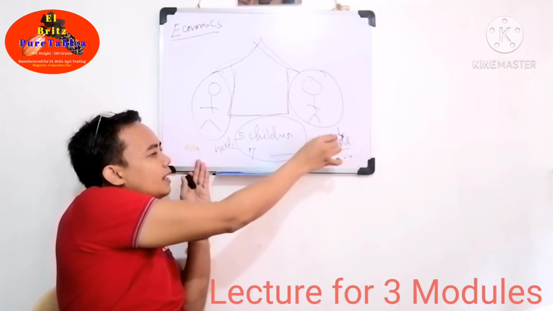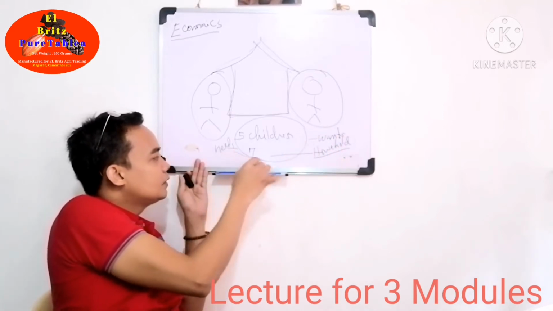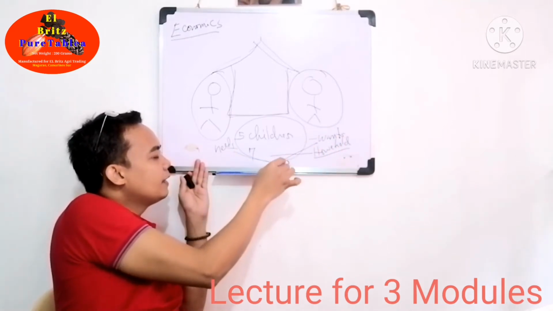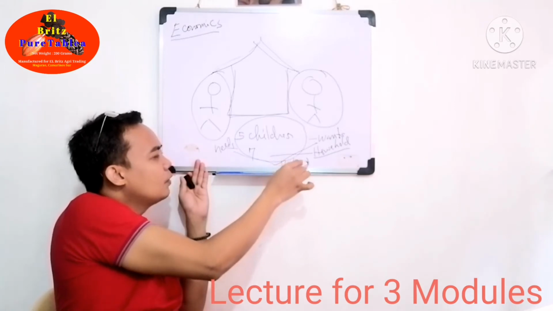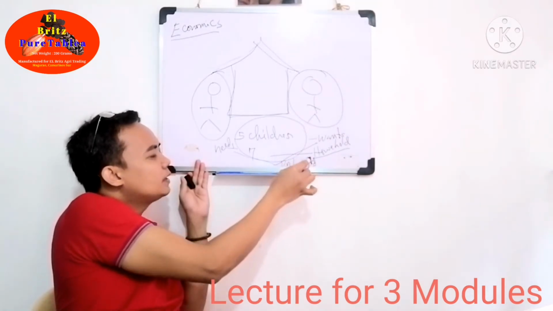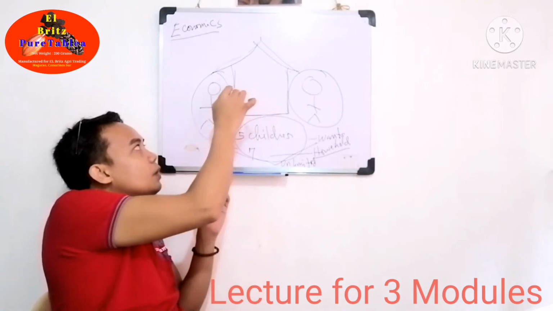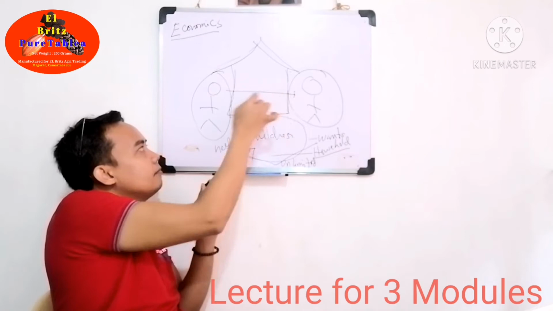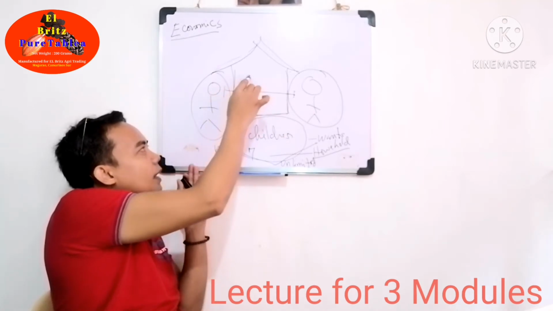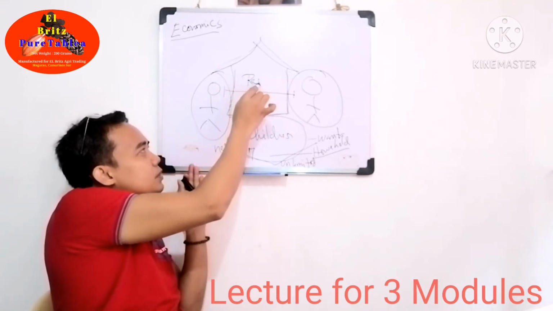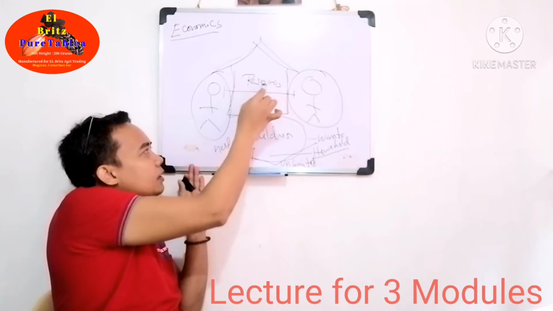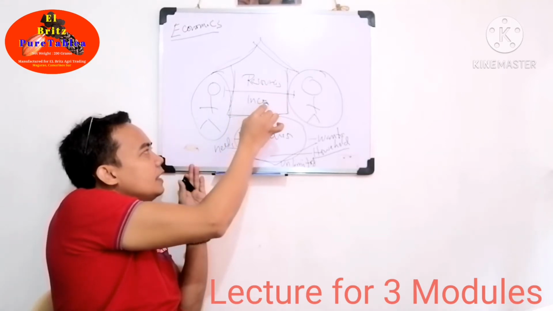So, these wants are always unlimited. But before we go into that, there are 3 important keywords in the definition. First, the parent must have what? Must have resources. Or dapat meron siyang income.